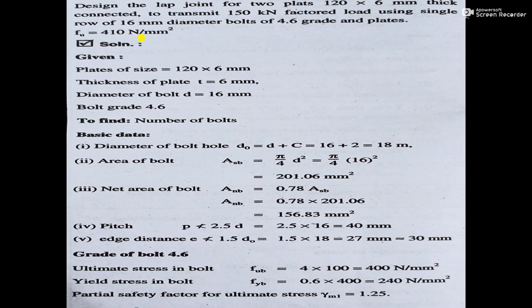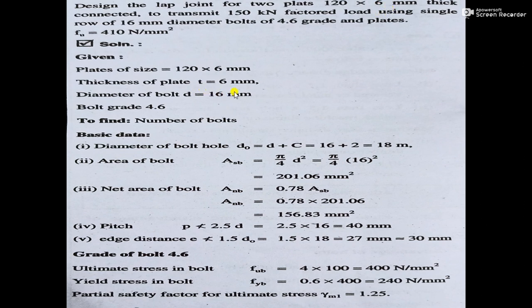So first we have to consider the given data. See here, the given plates are of size 120 mm by 6 mm. The thickness of plate, T, is 6 mm, that is, in 120 into 6, 6 mm is the thickness.